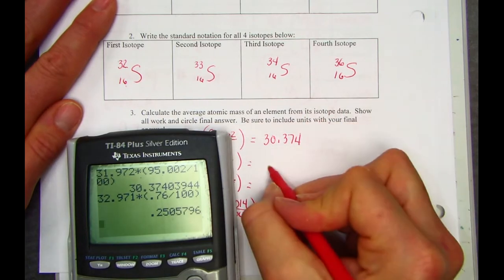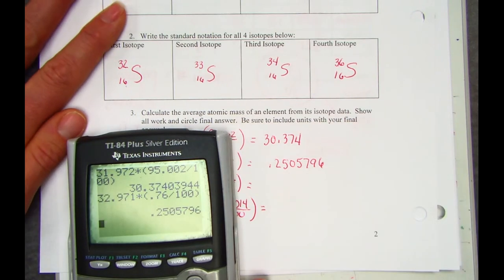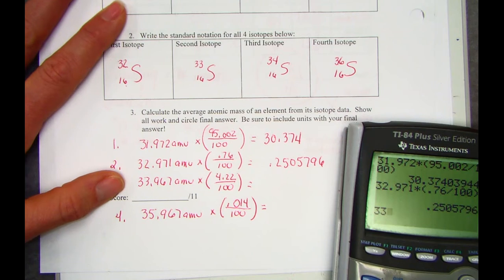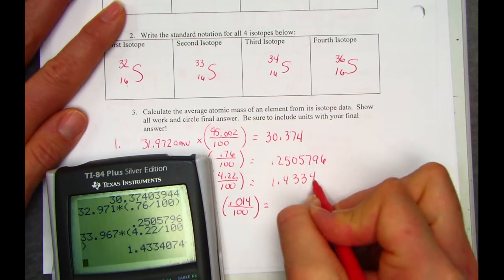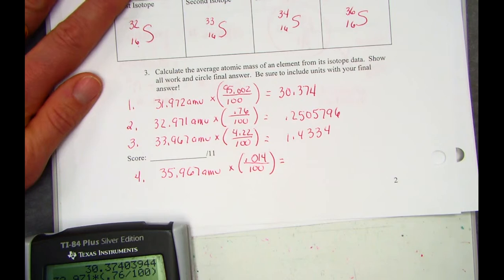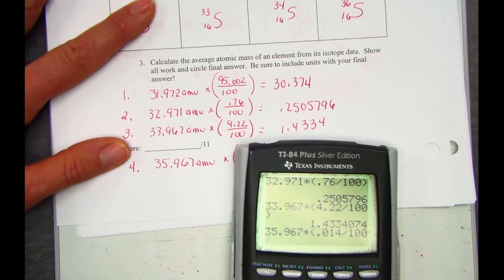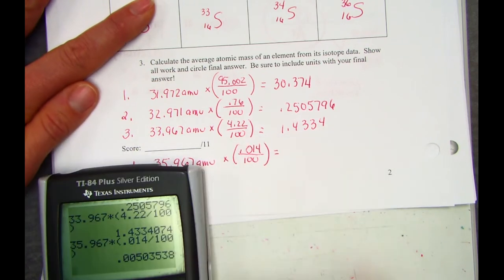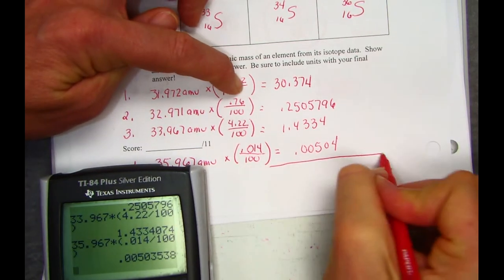I get 0.2505796. Third isotope, 33.967 times 4.22 divided by 100, and I get 1.4334. Good enough. And the last set, 35.967 times its relative abundance, 0.014 over 100, a very small number, 0.00504. If we round, add those contributions together.